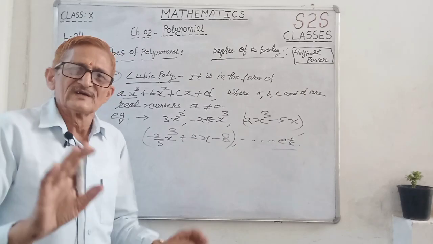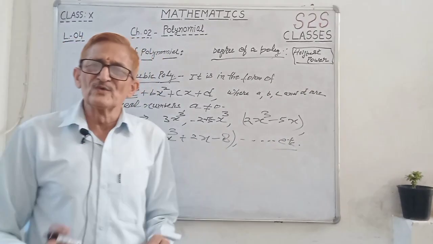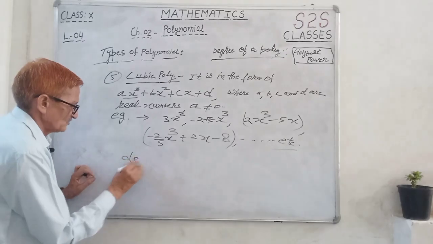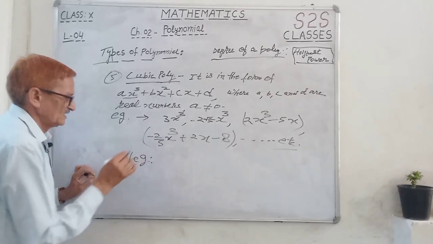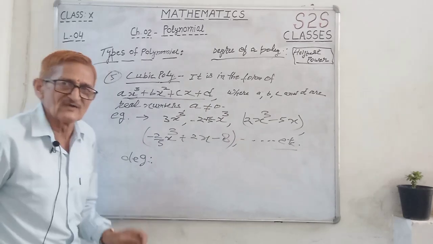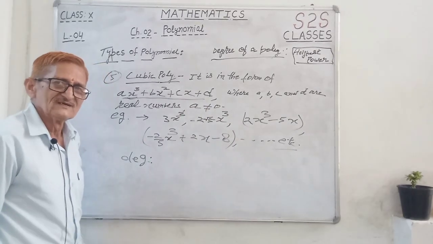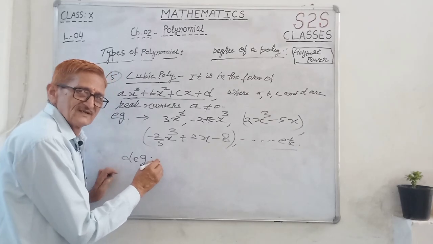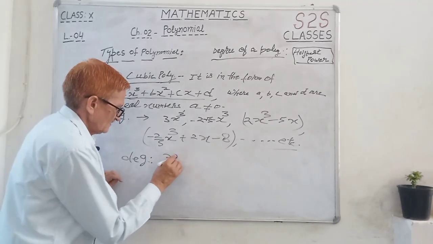Okay, now the types are over and I also told you the degree of each. Now the degree of this polynomial is its highest power. What is the highest power of the variable? 3. So the degree of this polynomial is 3. Done.